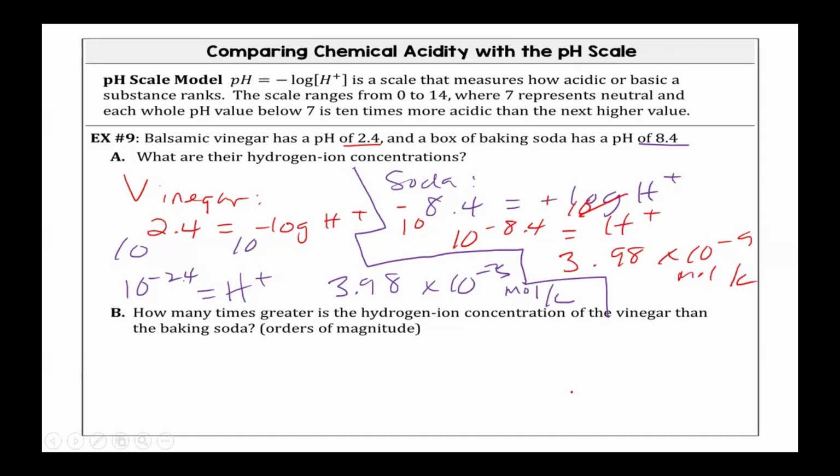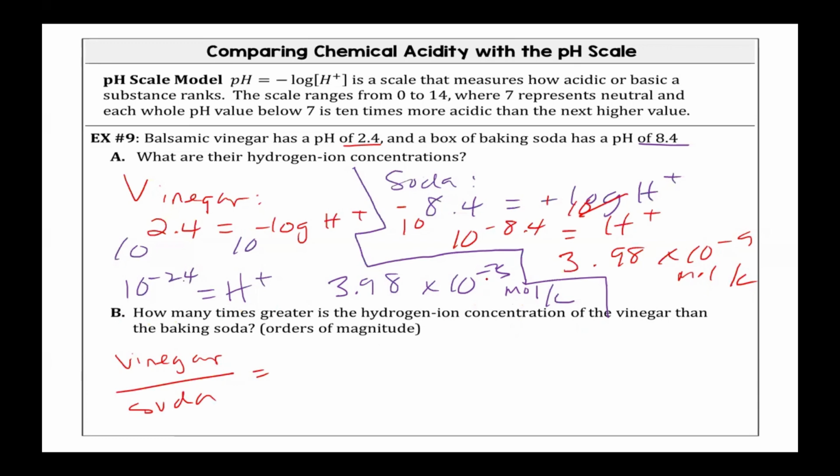Now, how many times greater is the hydrogen ion concentration of vinegar than baking soda? What we're doing is dividing to find how much greater, so vinegar divided by baking soda.